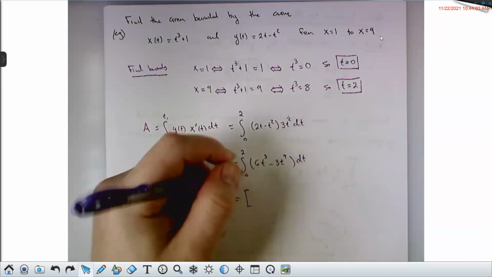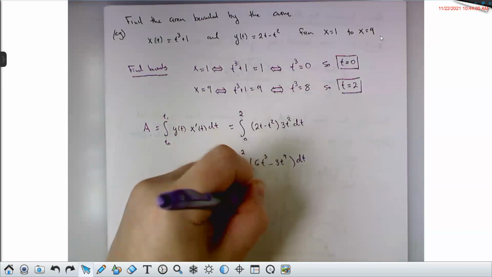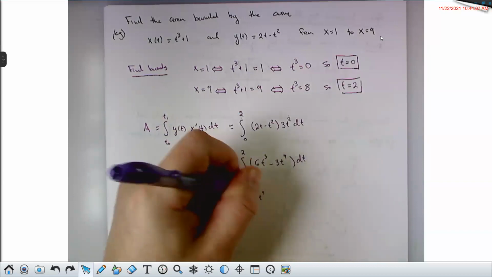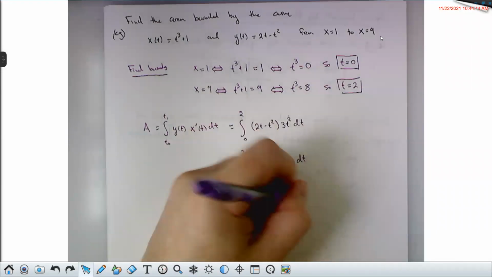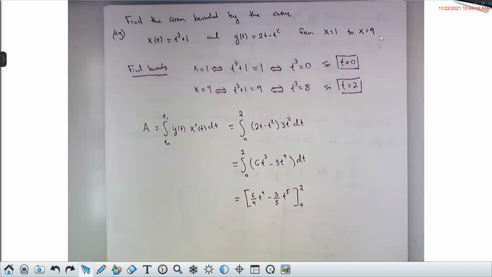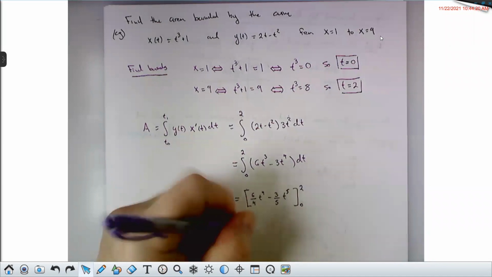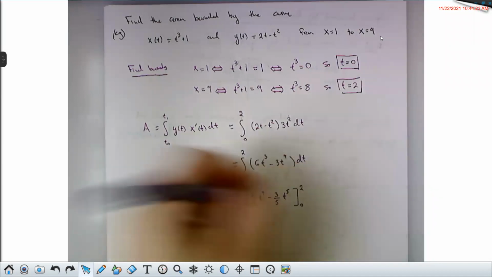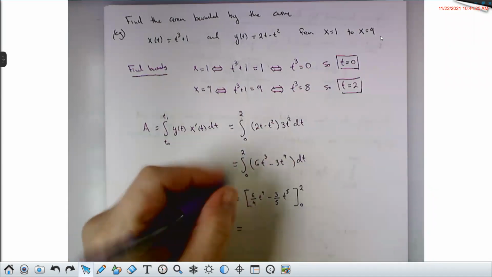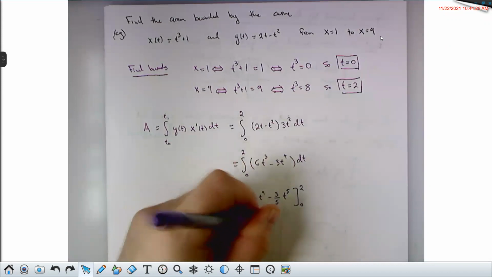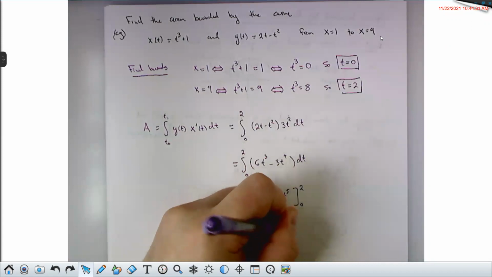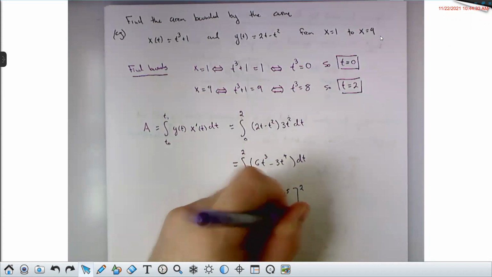This is 6/4 t to the 4 minus 3/5 t to the 5, evaluated from 0 to 2. When we plug in 0, we don't get anything here. These are both 0, so everything comes when we plug in 2. This is 6/4 times 2 to the 4 minus 3/5 times 2 to the 5.